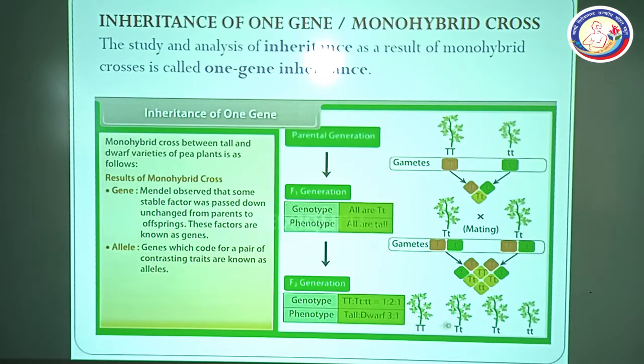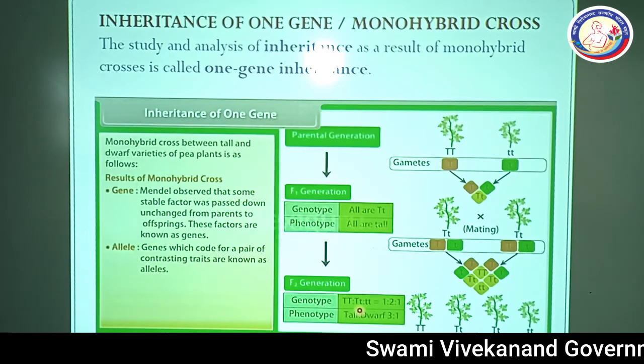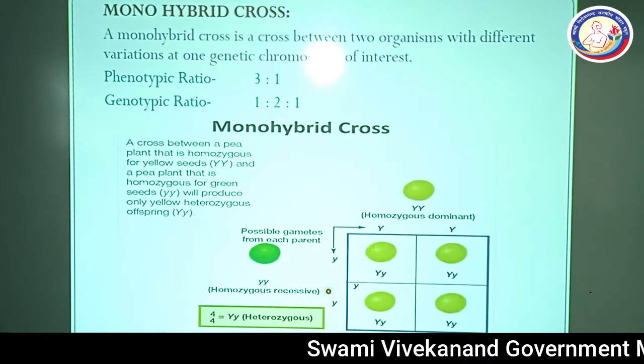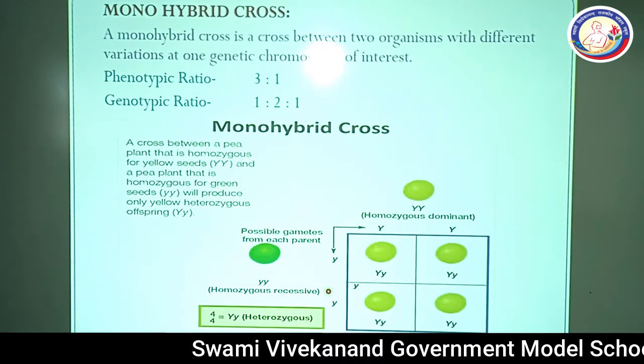You can see here these three plants are tall while this is the short plant. So the phenotypic ratio of tall to dwarf is 3 to 1 and the genotypic ratio is 1 to 2 to 1. Again, we will discuss it in detail here.